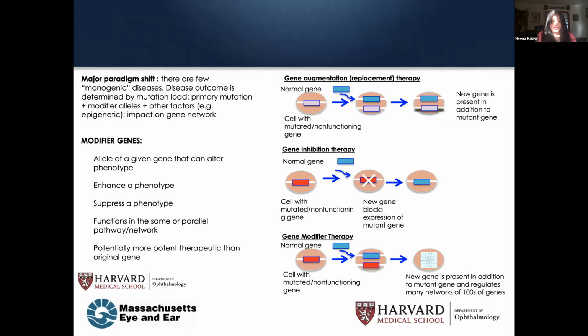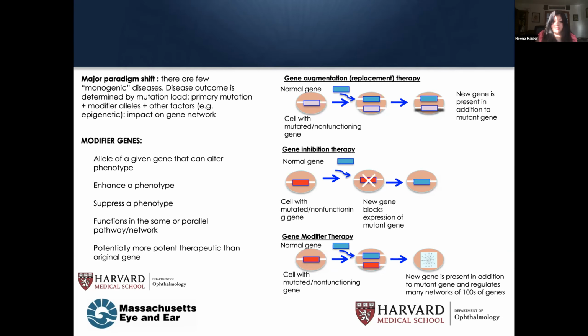And now I'm going to shift gears slightly and focus more in on some of the research that we've done in looking at gene therapeutics. And in my lab, we've studied modifier genes and their impact on disease. And it started with this major shift in how we thought about monogenic diseases.